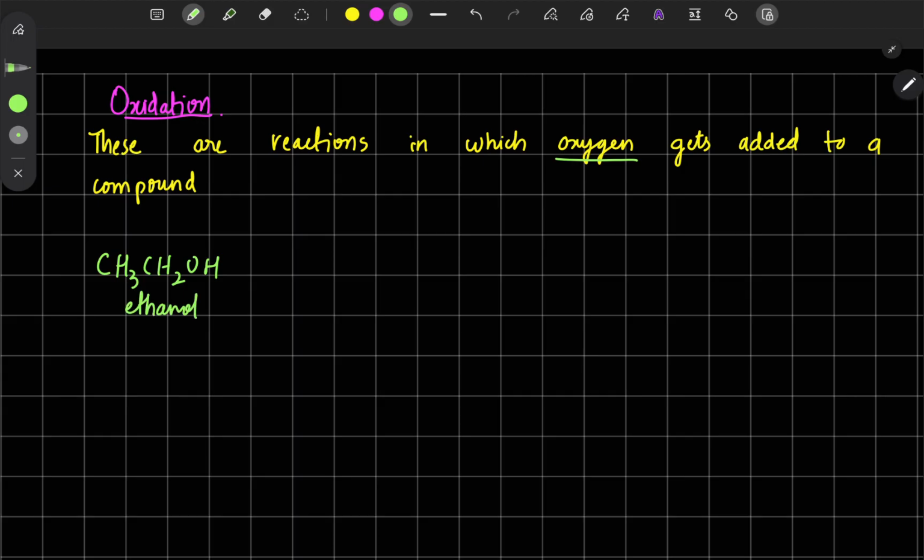So we are only studying the oxidation of ethanol. We can add oxygen to this, and it will become CH3COOH. So what is this? This is ethanoic acid. When ethanol undergoes oxidation, it will become ethanoic acid.